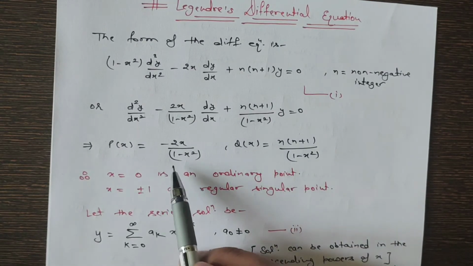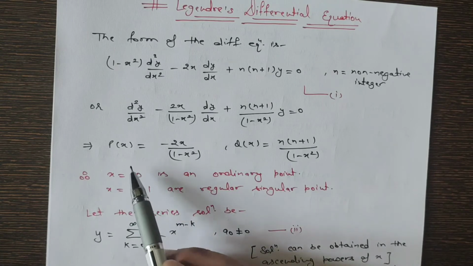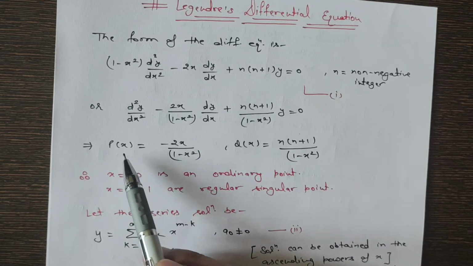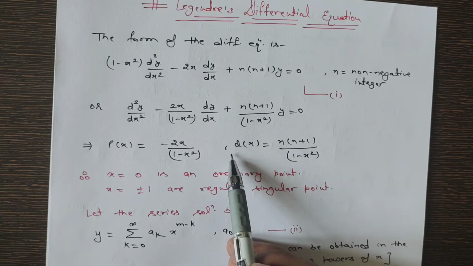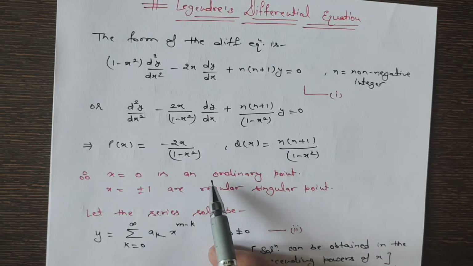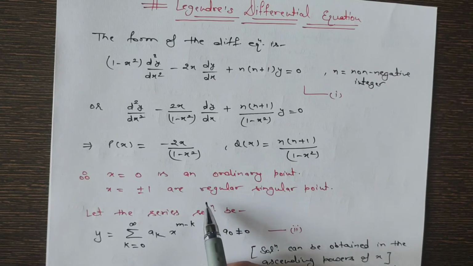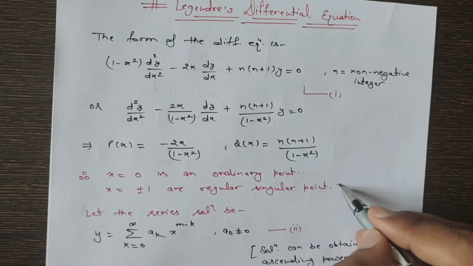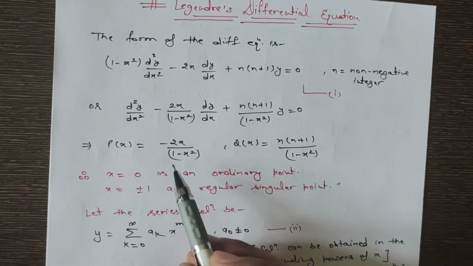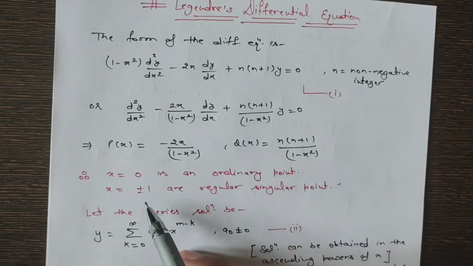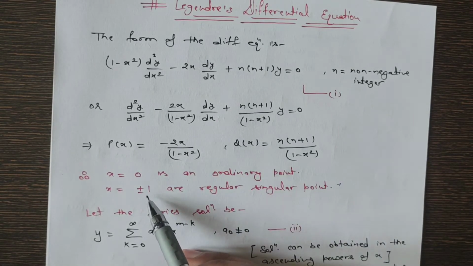So from now you can say that for x equals 0, both p(x) and q(x) will be analytic. So x equals 0 is an ordinary point, and x equals plus minus 1 are regular singular points. We can check them by checking the values of p(x) and q(x) at x equals plus 1 and minus 1.